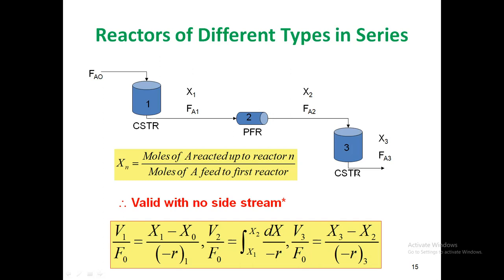So for the first CSTR, you have here V sub 1. In your formula, actually, it's V sub 1 over v. And we have here CAO, then you have XA in this case. Now, we want to represent the performance equations in terms of molar feed rate because you could see that you have already FAO here, FA1 here, and FA2 here. Same thing in here, FA3, the discharge in the third reactor.